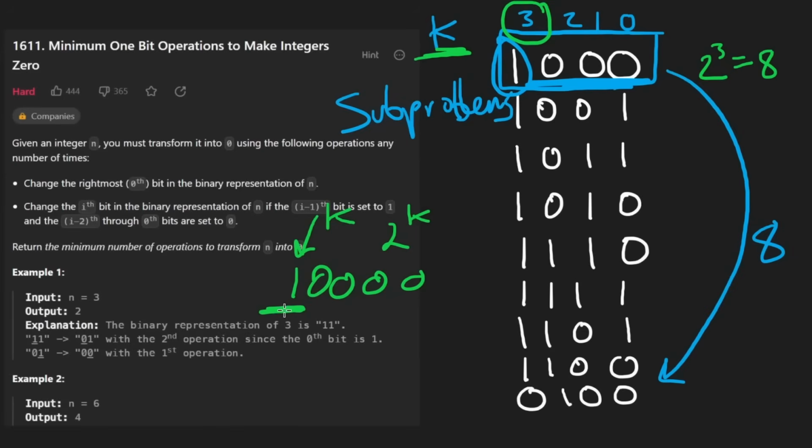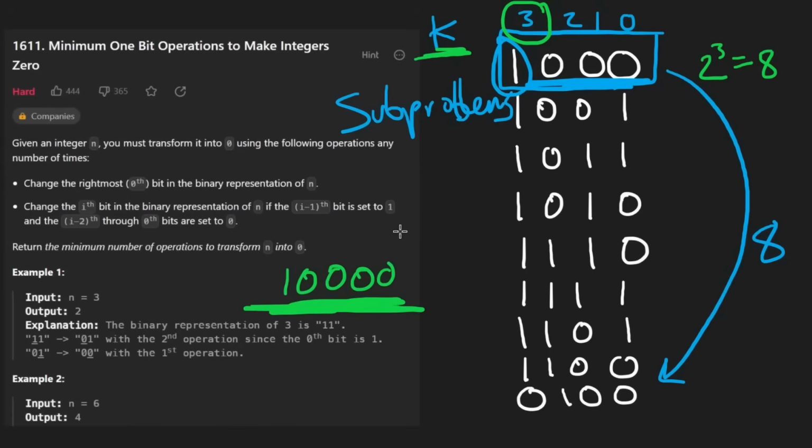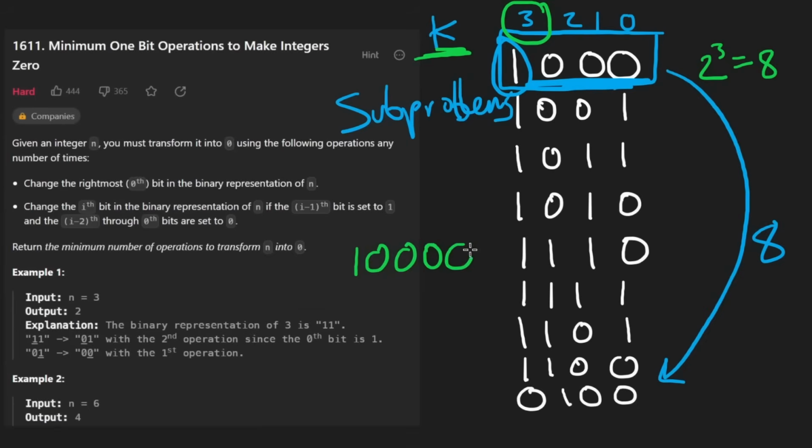So we have now sort of solved a simplified version of this problem where we have a number that looks like this, 1, 0, 0, 0. In other words, this is a power of 2. Think of it this way: we'd have a 1, or we could have a 1, 0, or a 1, 0, 0. Basically, we're taking that 1 and shifting it possibly to the left each time, and that's equivalent to just adding zeros to this.